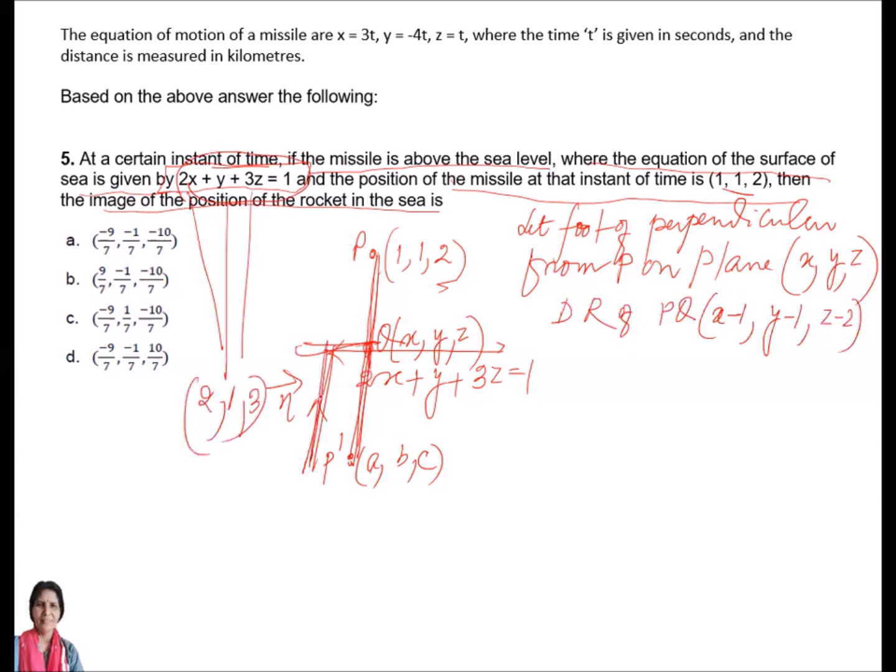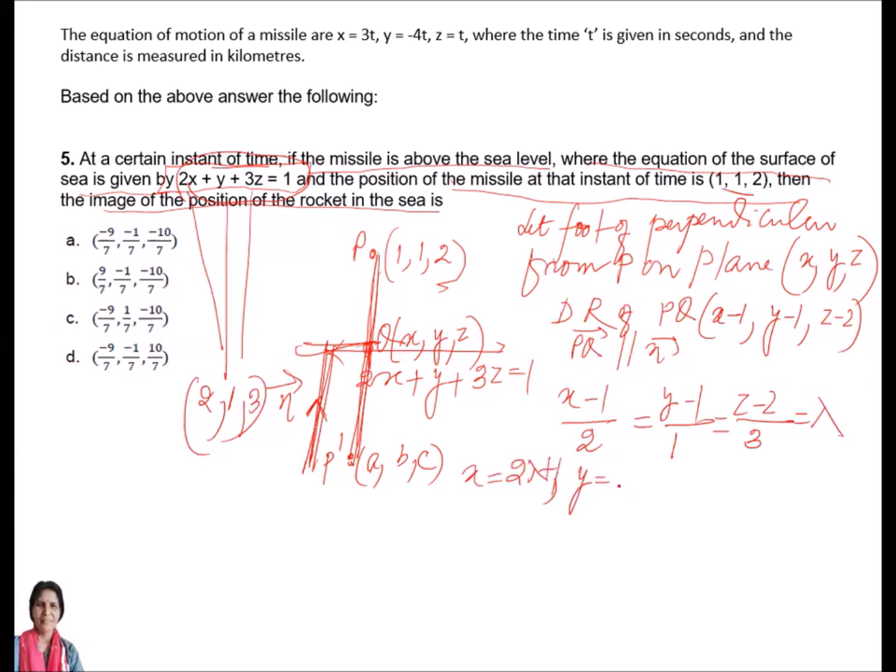Since PQ is parallel to N, their direction ratios are proportional. So I'll write (x minus 1) upon 2 is equal to (y minus 1) upon 1 is equal to (z minus 2) upon 3, that will be lambda.